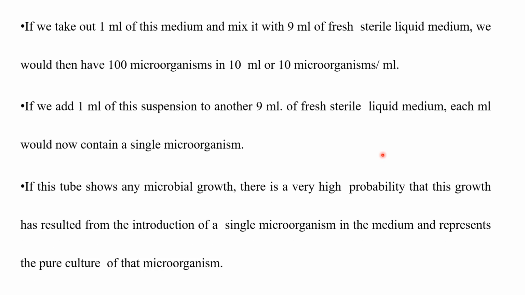So if this tube shows any microbial growth, there is a very high probability that this growth resulted from the introduction of a single organism in the medium, and it will represent the pure culture of that organism.